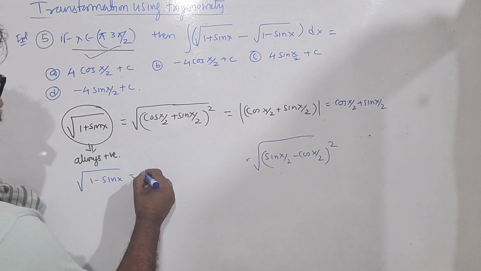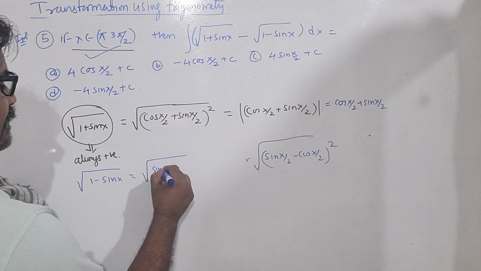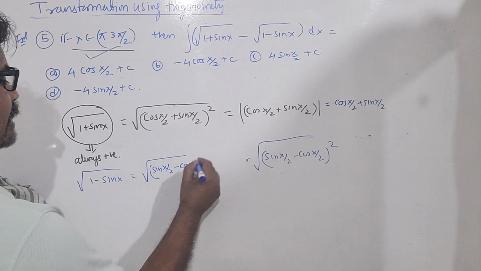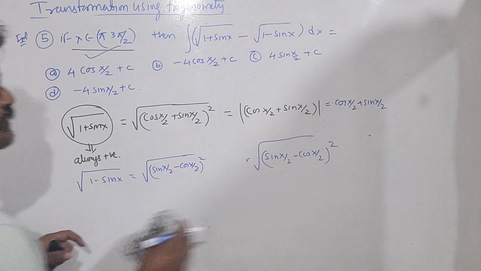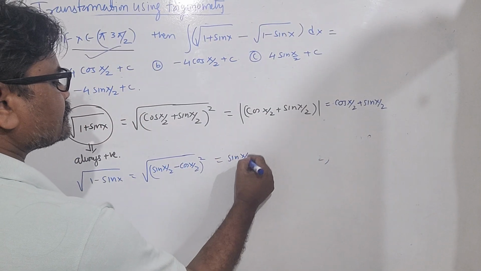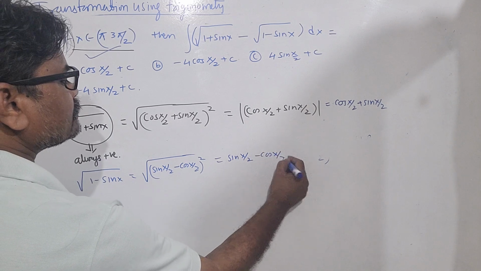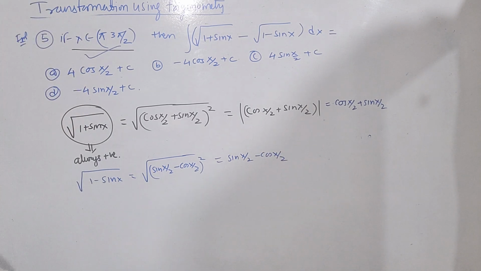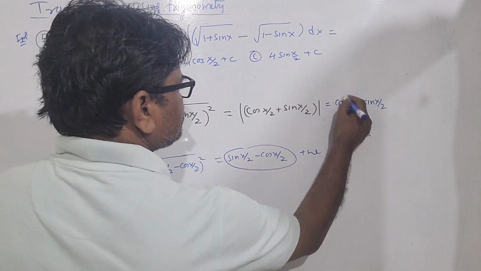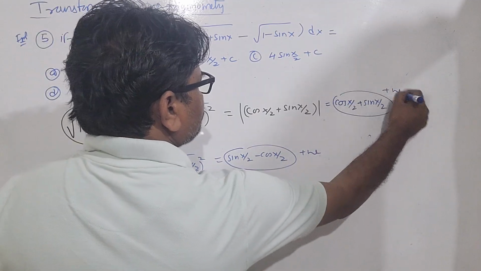That is square root of (sin x by 2 minus cos x by 2) square for this square root of 1 minus sin x, and that is equal to, now I can write sin x by 2 minus cos x by 2. That is always positive. Now this is always positive.